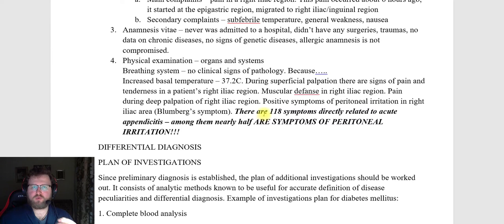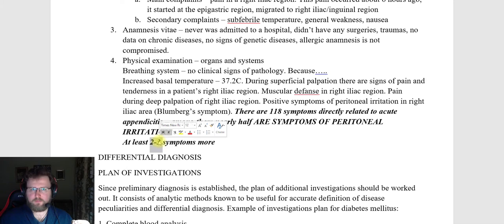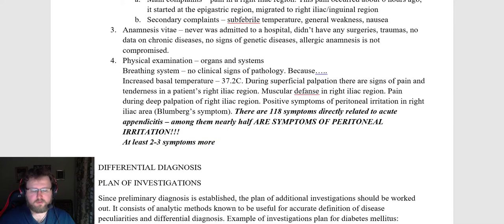You'll have to do some extended reading, and you should write down at least 2-3 more symptoms which are related to acute appendicitis. Once again, there are more than 100 described symptoms of appendicitis. That's why there will be absolutely no problem for you to find additional 2 or 3. Okay, so let us continue then.